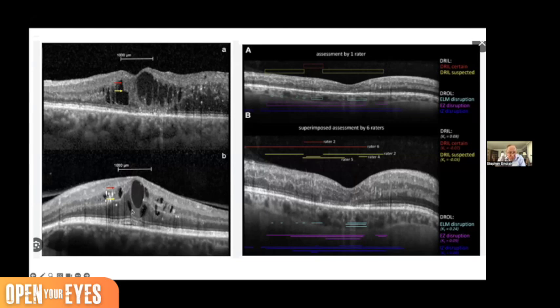And the same thing here. Look at this outer retinal power. It's no longer clear in the transmission through, and it's due to, we think, more and more of this ischemia, reperfusion injury, and oxidative stress.